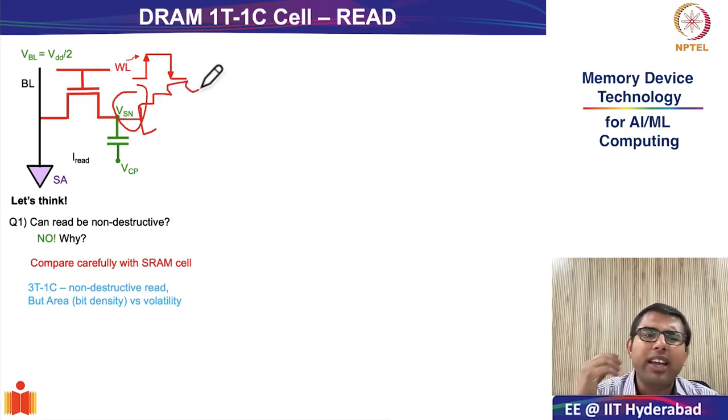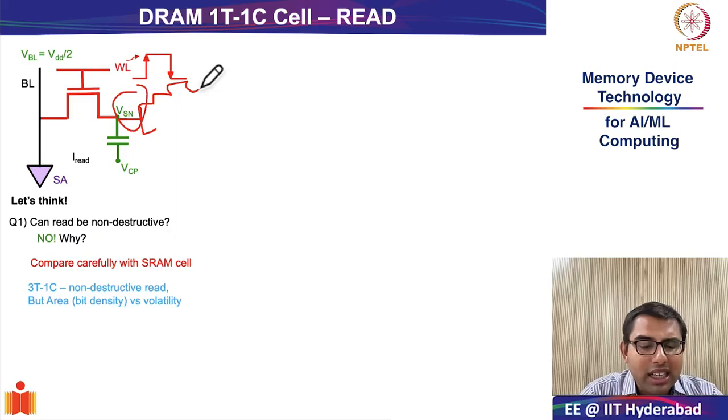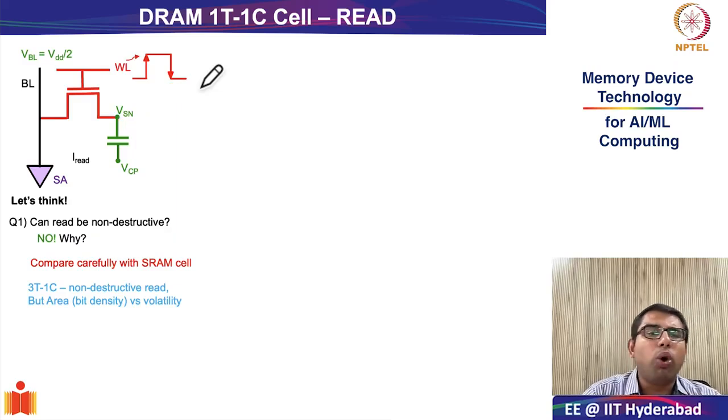But very quickly we realized that when scaling the 3T1C DRAM cell, the bit density will be very low because the area consumed by a single cell will be very high. So there was an overall consensus to continue with the 1T 1C DRAM cell and deal with the volatility which comes with the read operation, the problem of read disturb which comes with the read operation.